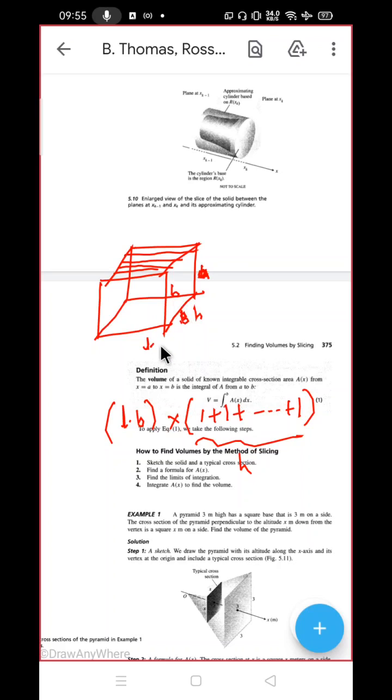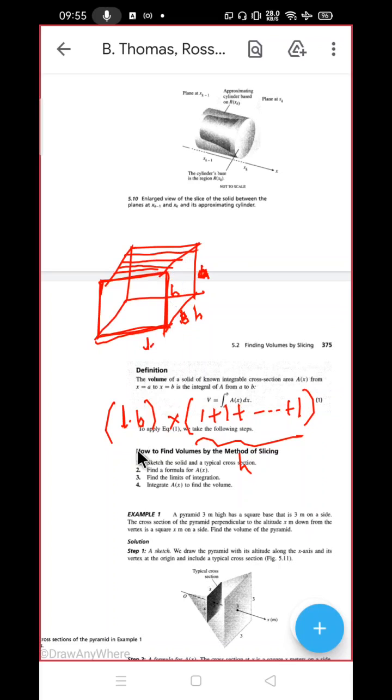Okay, so do you see the first slice? The area of the first slice is L into B. And I'm considering the height is 1, so unit height means I'm talking about width. I am adding one more slice, one more slice, like that.